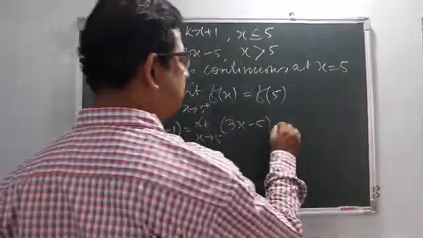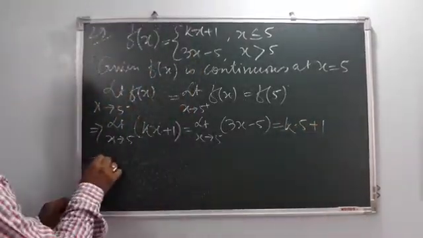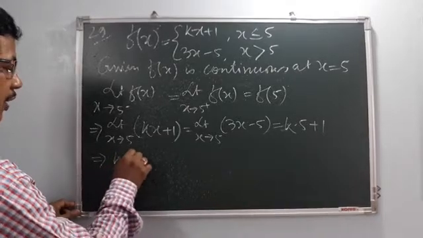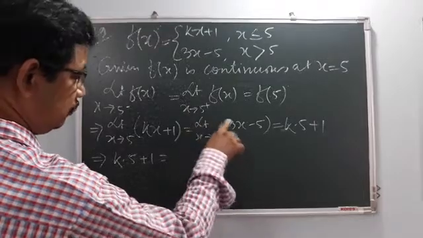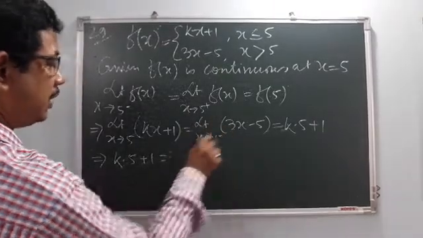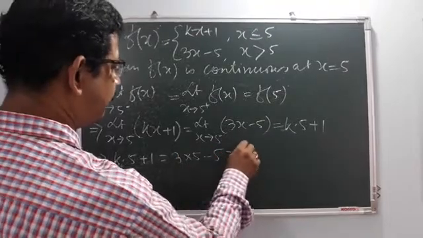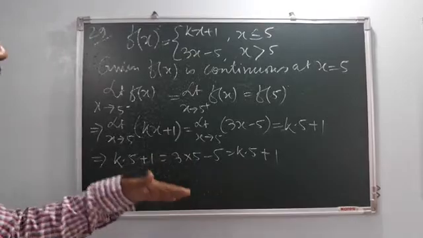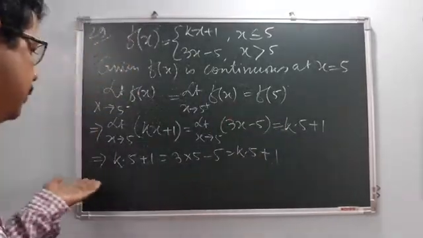Now f(5) equal to k into 5 plus 1. If we remove the limit, then x will be replaced by 5. Now this is what we are getting, where LHL, RHL is equal to f(5).